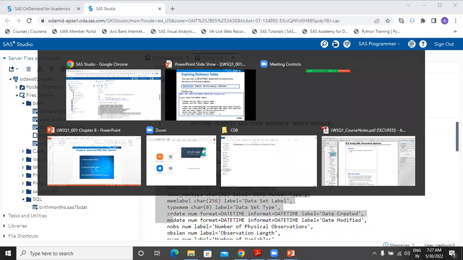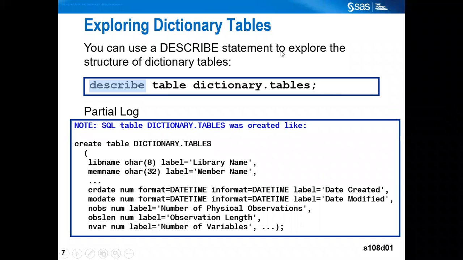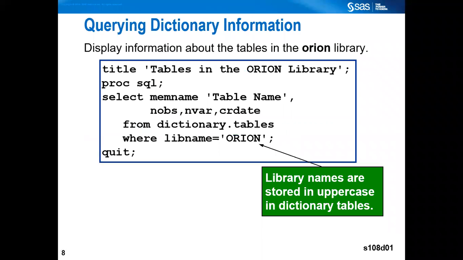All right. You can use a describe statement to explore the structure of dictionary tables. Now, querying dictionary information: look here. What are you querying? The tables in your Orion library. So you want to know what the tables in the Orion library are. You write SQL select memname, that is the table name.